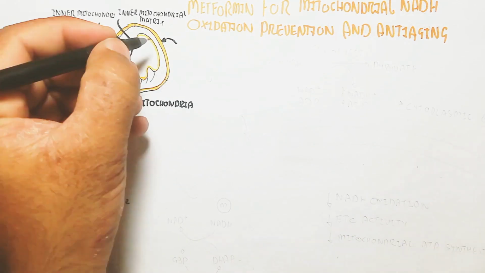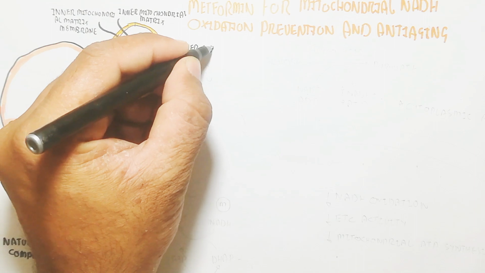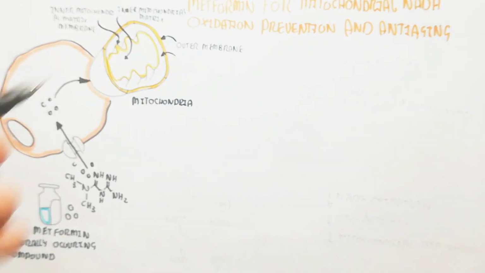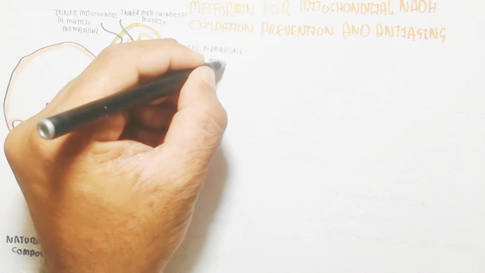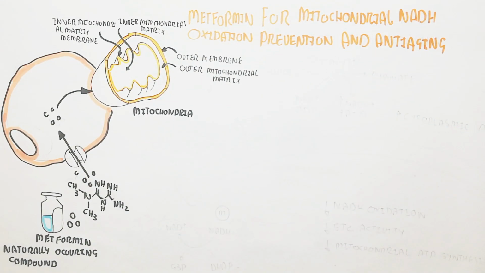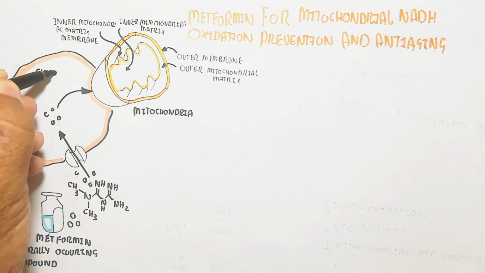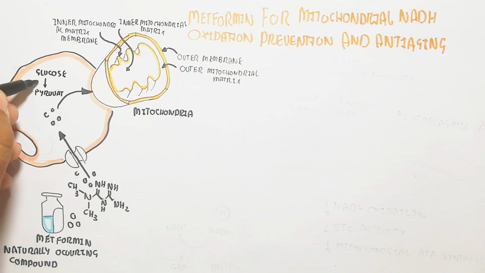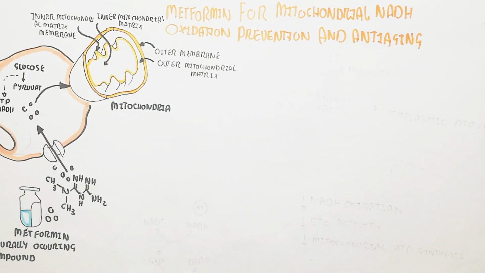The inner mitochondrial matrix is required for the Krebs cycle to produce more FADH2 and NADH, while the inner mitochondrial membrane is used for the electron transport chain. Let's go further, and we will focus on the electron transport chain to understand metformin's action in inhibiting the electron transport chain to increase NADH.